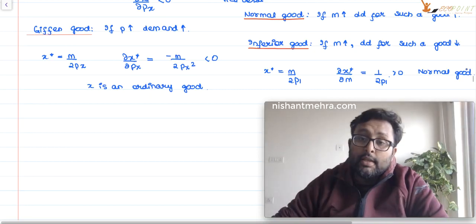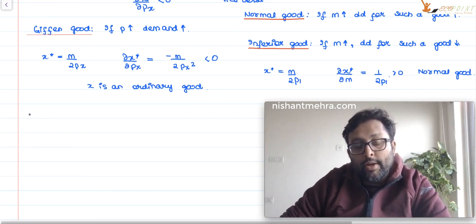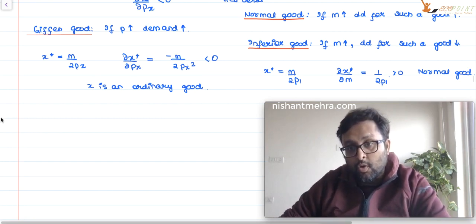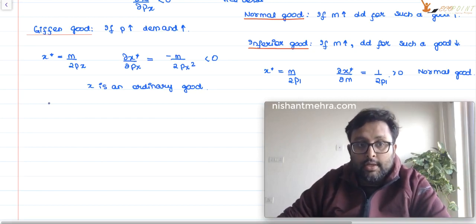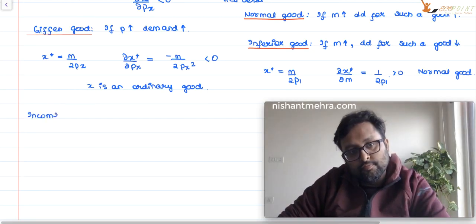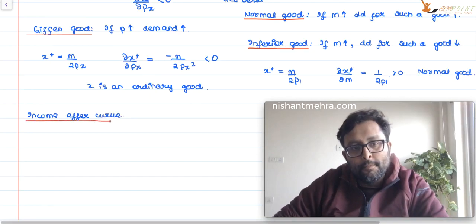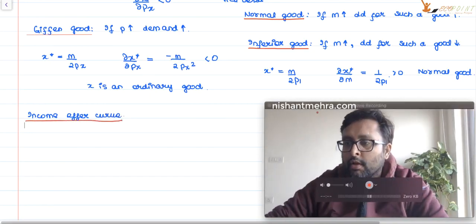Okay. What about, how do you write the income offer curve or the Engel curve out here? So let's first of all write how you find the income offer curve. It's very simple, right?